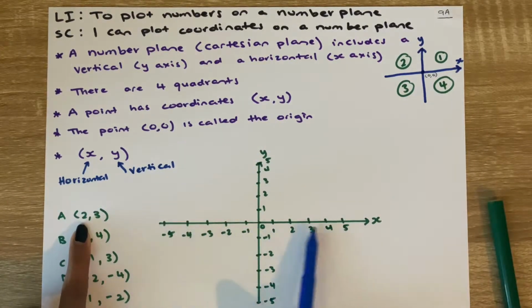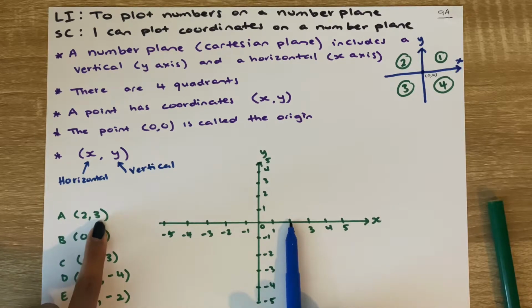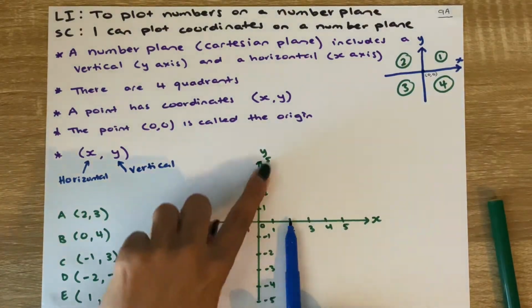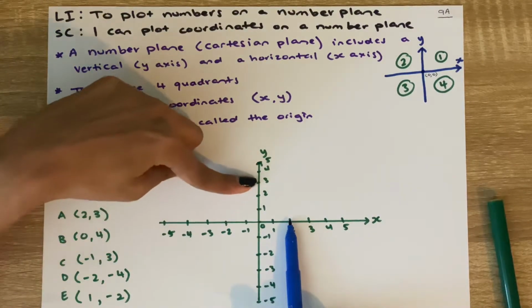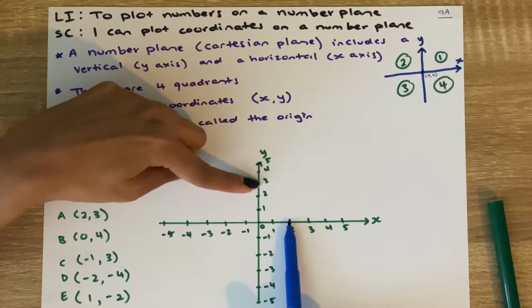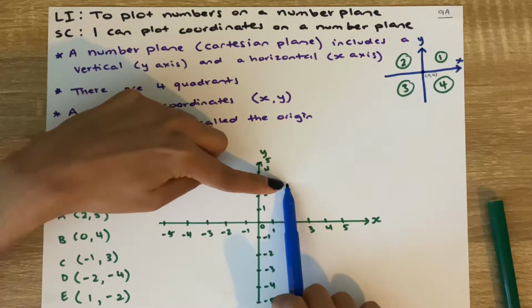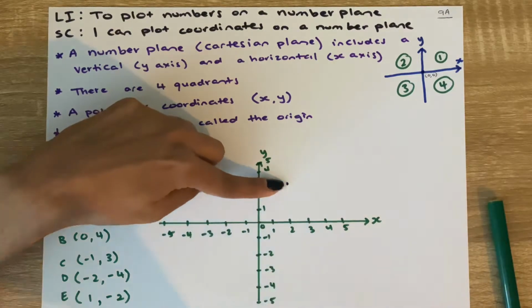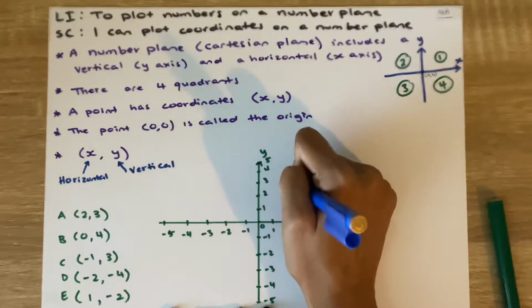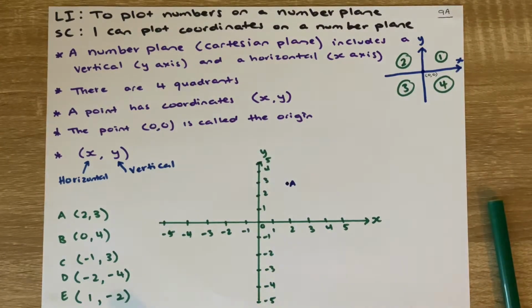So 2 horizontally is over here. And number 3 is our vertical number. So if we look at vertically where 3 is over here. We're going to look at where 2 and 3 intersect with each other. So 2 horizontally and 3 vertically. That point is going to be right here. Okay, so I'm going to draw a dot and I'm going to label that A because that is point A.